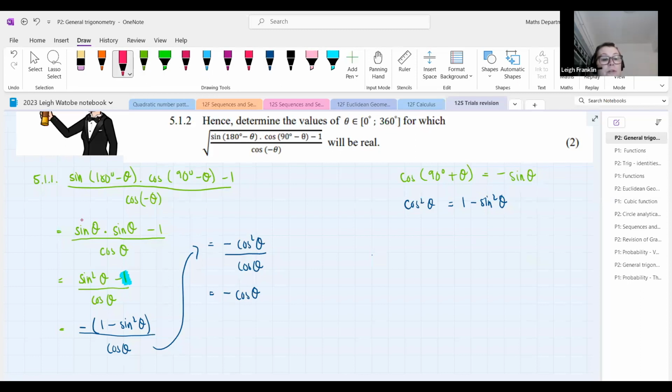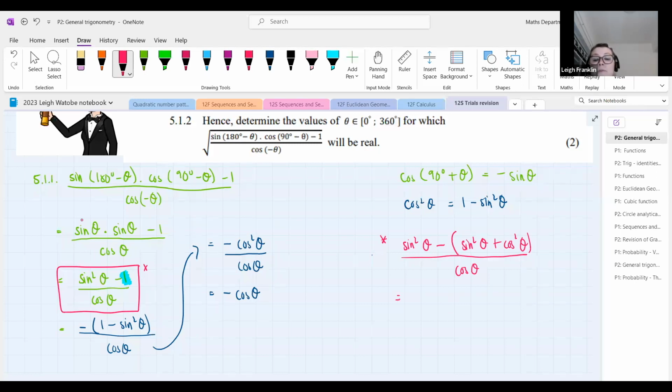Our alternative at this point, where the pink is, we could also do this if we wanted. So we've got sine squared theta, and now we're saying minus 1. What we could do is write the 1 as sine squared theta plus cos squared theta, if you want to use your square identity, over cos theta.